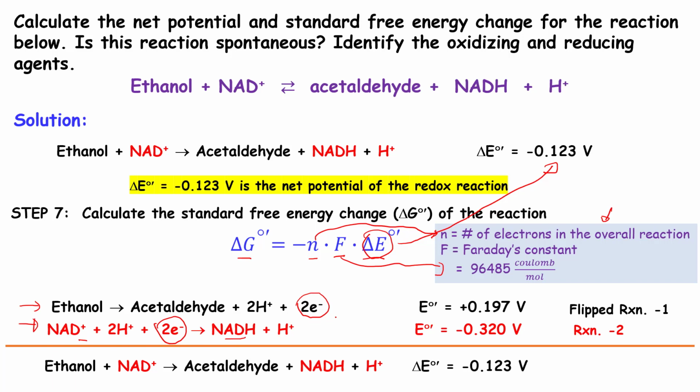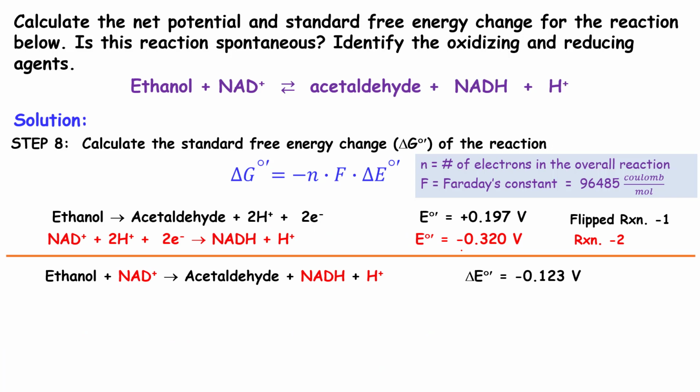So overall in this reaction, ethanol is giving 2 electrons, and NAD plus is accepting those 2 electrons. That means the overall number of electrons involved in this redox reaction is going to be 2. So it's going to be negative 2 times, then you plug in all the constants and solve. I'm going to show that to you in the next step.